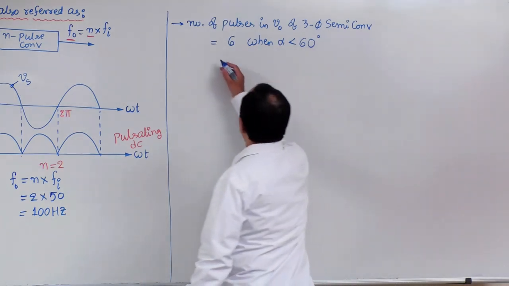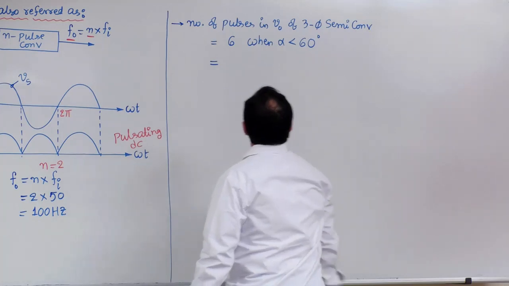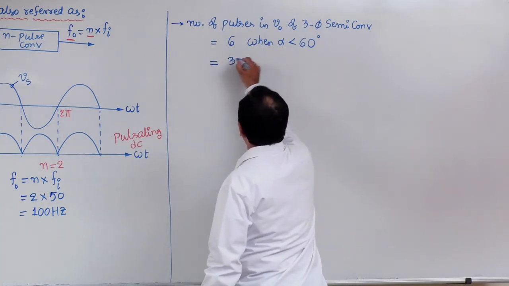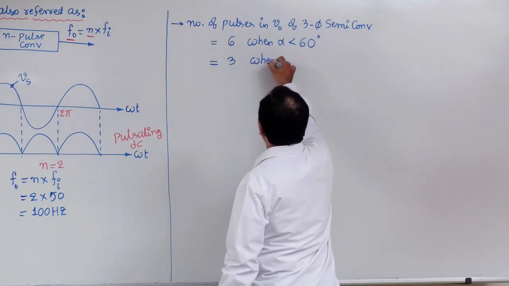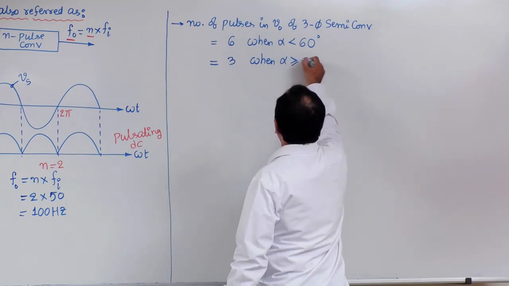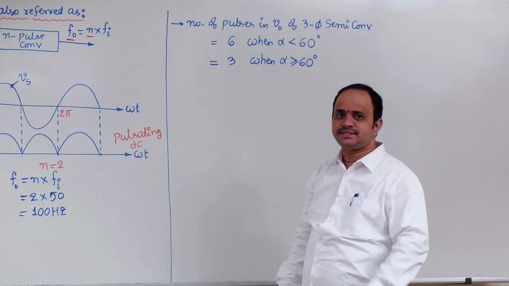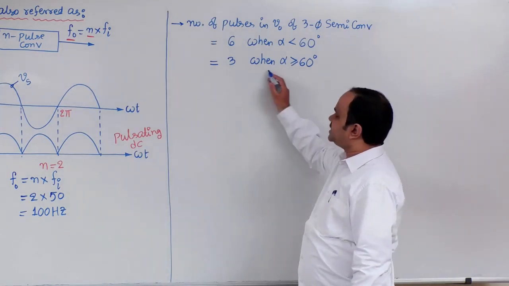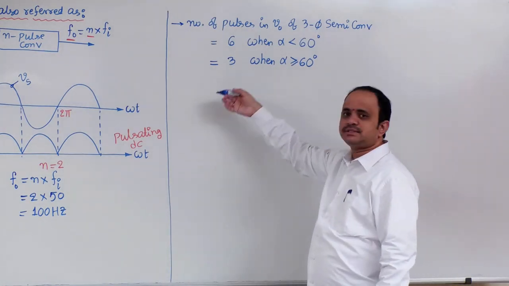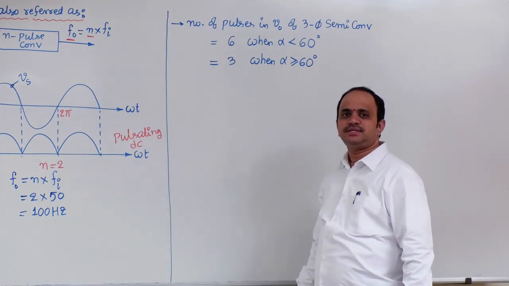Okay, this number is equal to 3 when alpha is greater than or equal to 60 degree. We will see these reasons in detail once the waveform analysis is started.